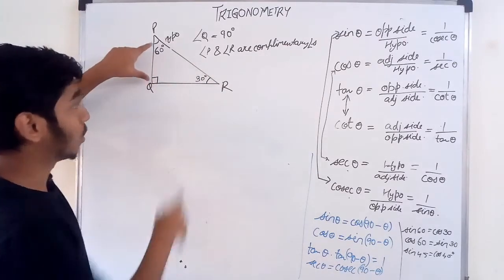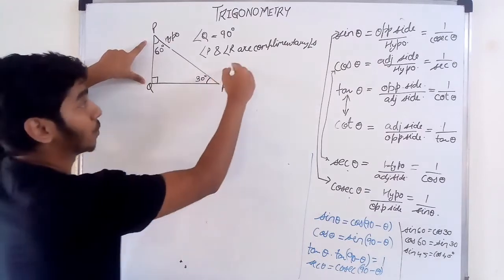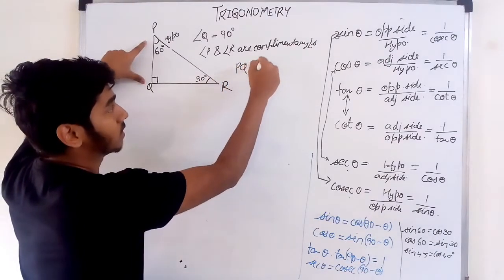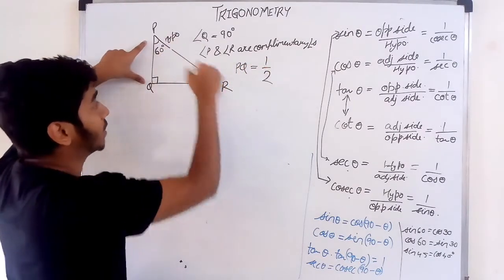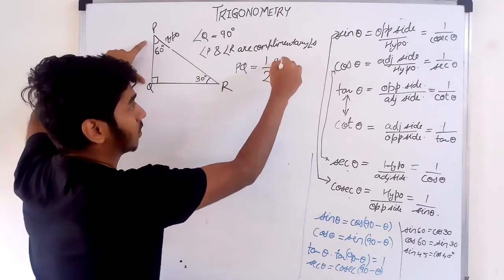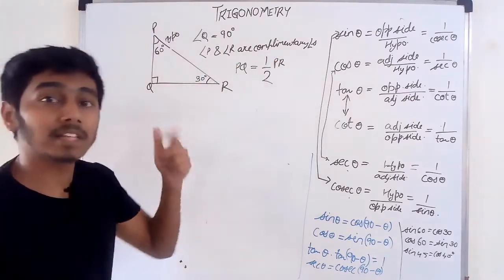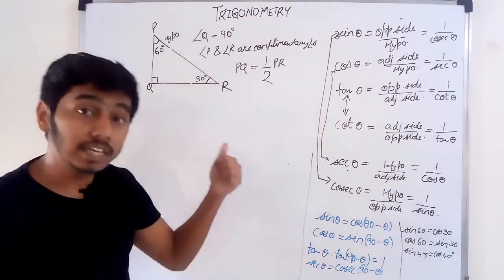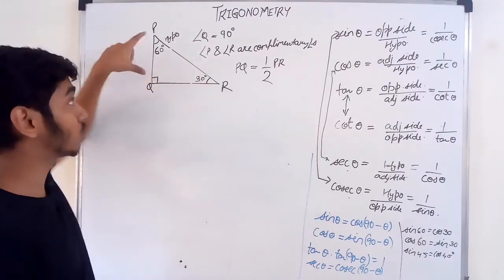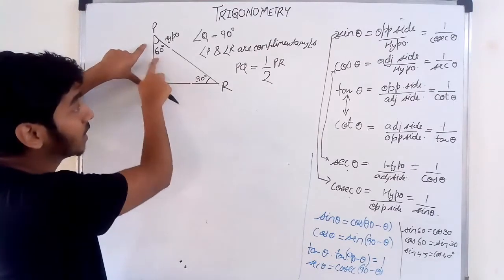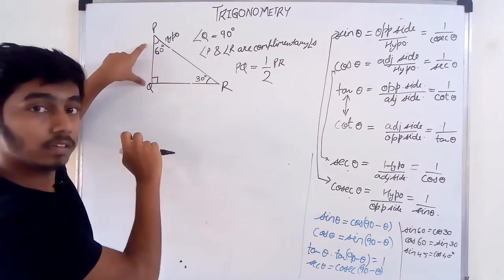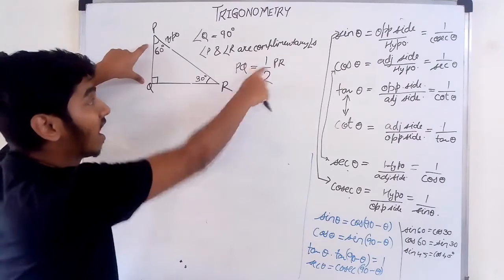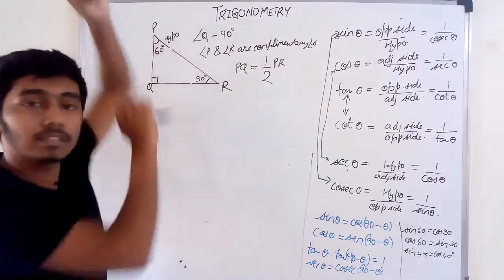That means the side opposite to 30 is PQ. So PQ is half of PR. Yes or no? That's what the theorem says, that the side opposite to 30 degree, this is the side which is opposite to 30 degree, correct? So this side is half of the hypotenuse.